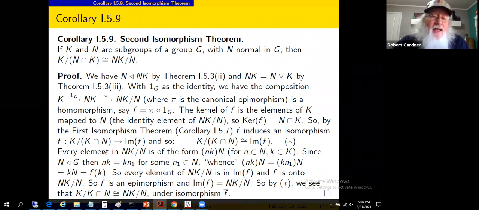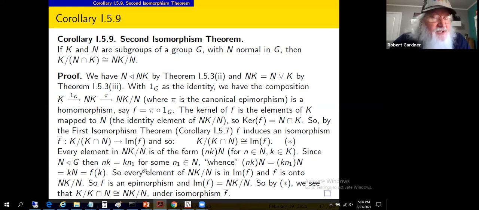Well, the right coset, capital Nk, is the same as a left coset, K capital N. Capital Nk equals K capital N. Those cosets are equal. This is an element of capital Nk, so it's also an element of K capital N. Say it's K times N sub 1 for some N sub 1 in capital N. Going all the way back to the definition of normal subgroup, which had several pieces, this is one of the pieces: left and right cosets are the same.